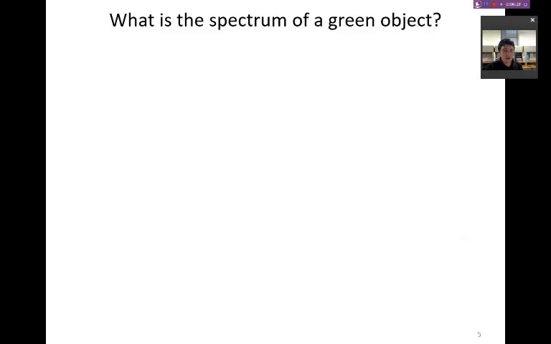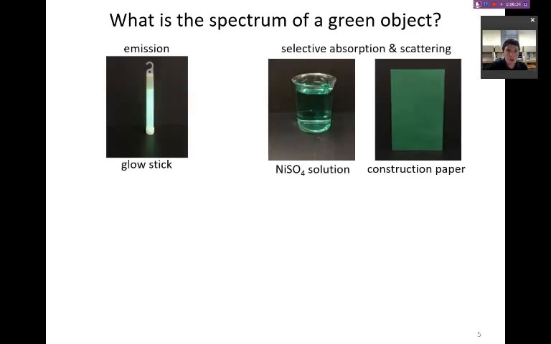So let's take another look at an example here. Going back to a green object, if you have a green glow stick, then again, that is dealing with emission. If you have a green colored solution, like my green colored hand sanitizer, then what's happening there is that it is absorbing certain wavelengths of light.